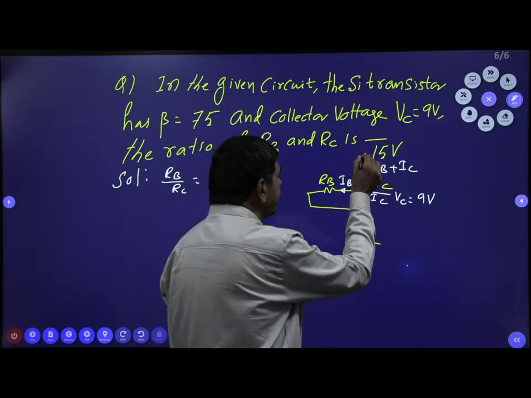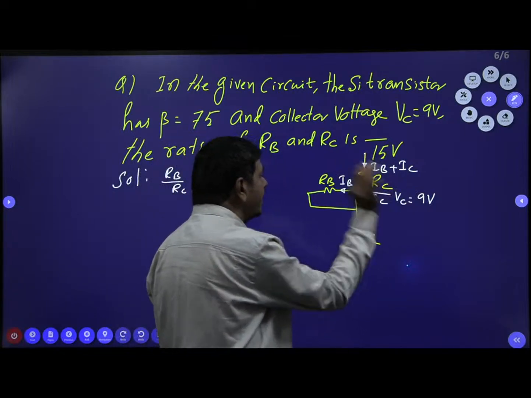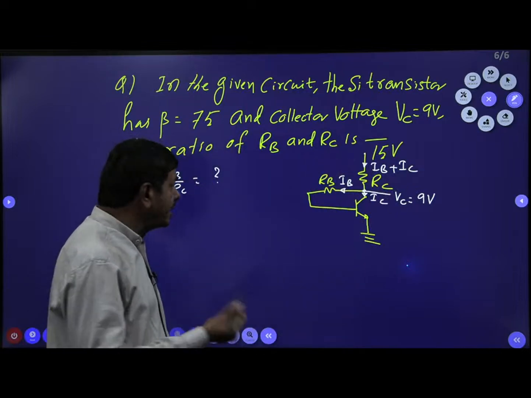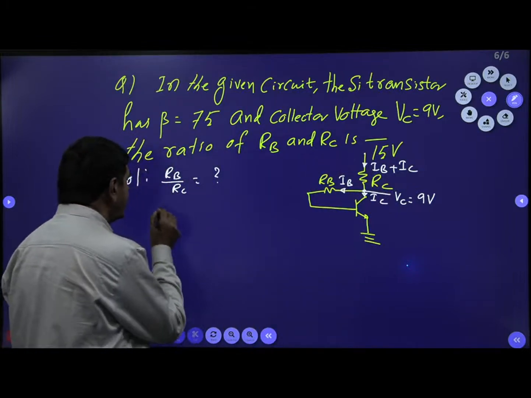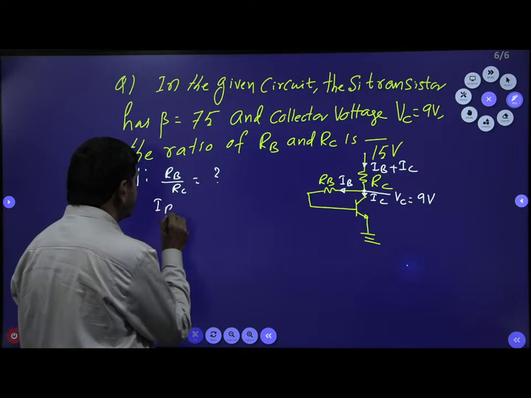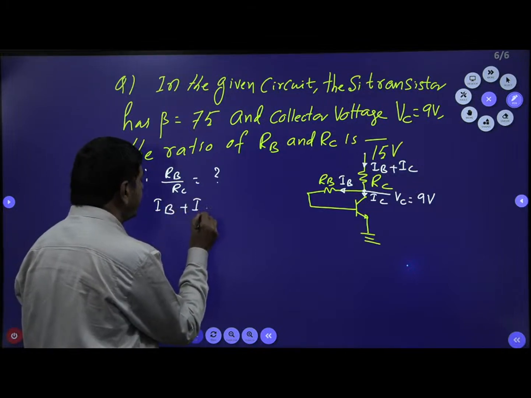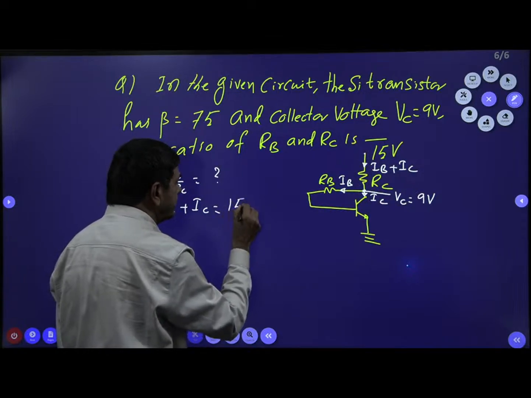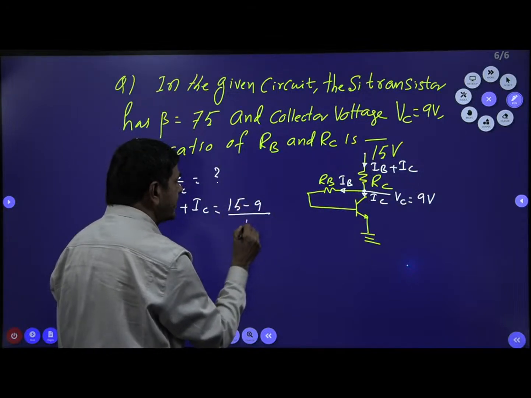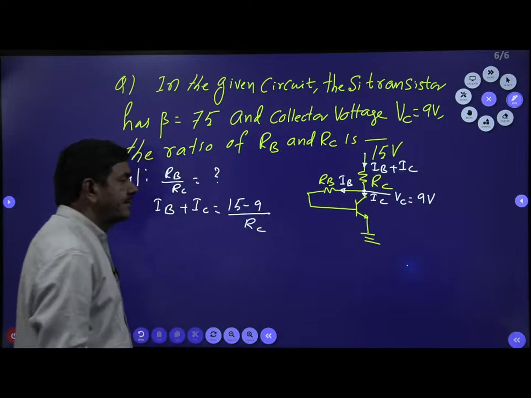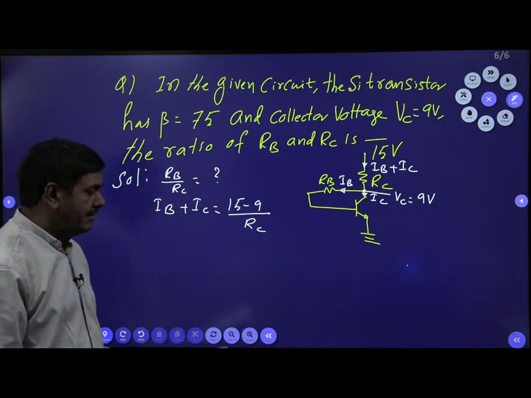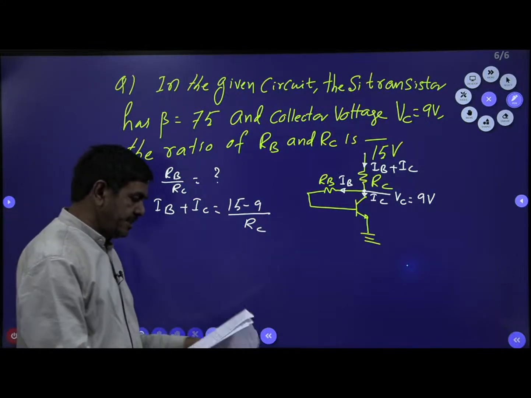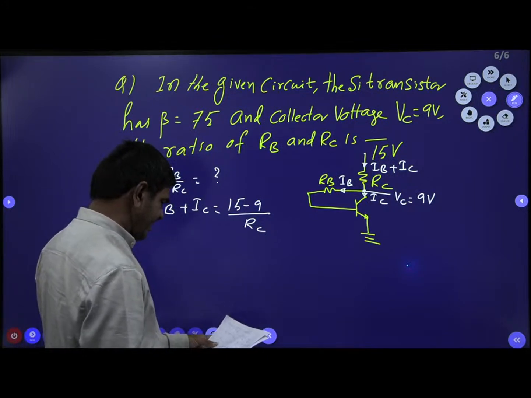That is nothing but 15 minus 9 by RC. IB plus IC can be calculated as 15 minus 9 by RC. That equals 6 by RC.